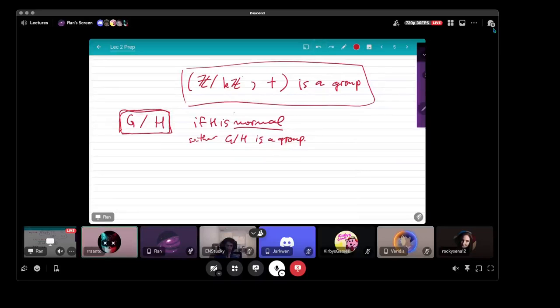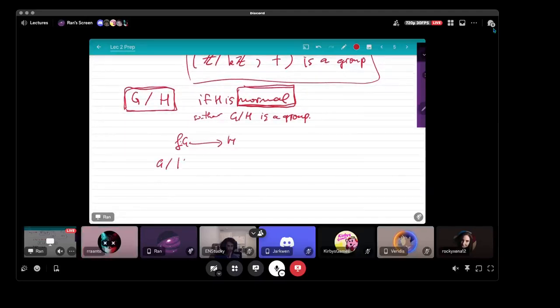That's why we require it to be normal. For example, we have to find examples of normal subgroups. For example, if we were to find a homomorphism to something, if we did by the kernel, we can find a law on this set so that it forms a group under some law.